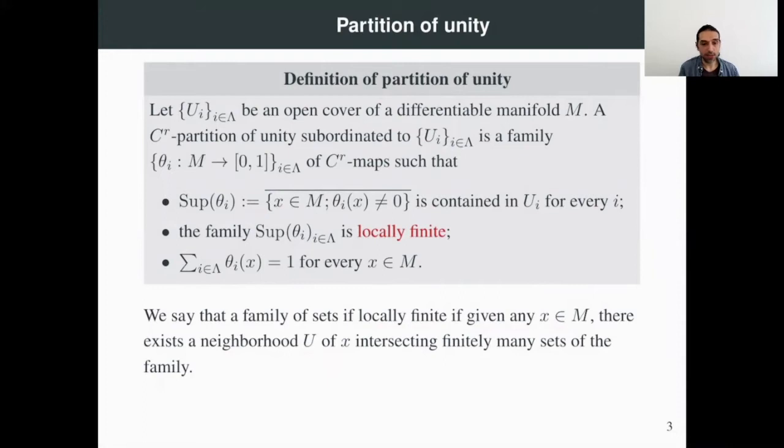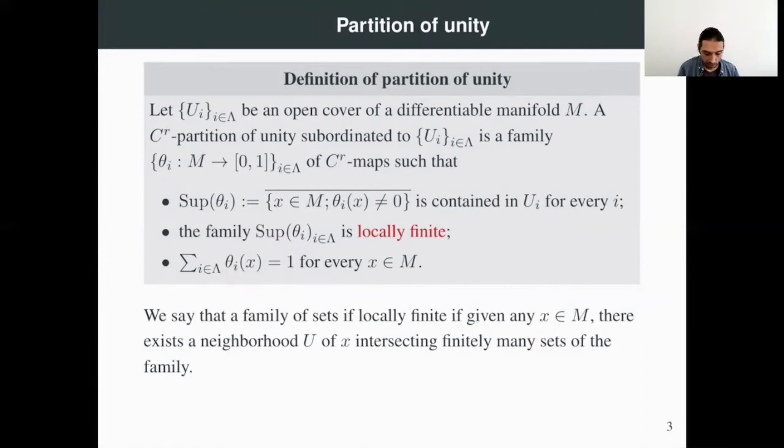Why is that interesting? Because when we consider this sum over here, we don't actually want to consider limits. We need that for every x, and indeed in a neighborhood of every point x, the number of functions that are non-vanishing in a small neighborhood of x is finite.